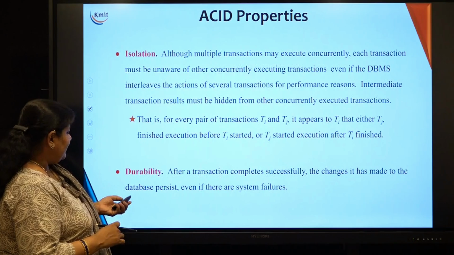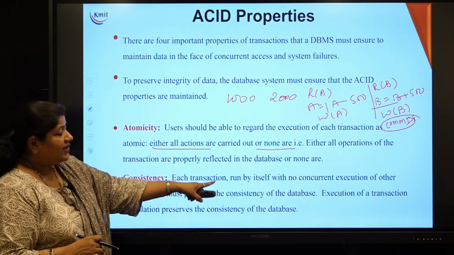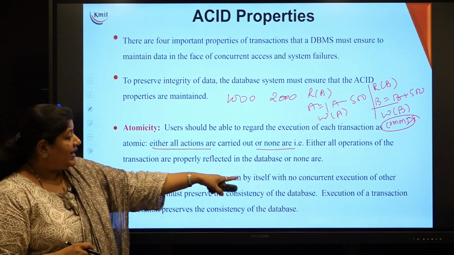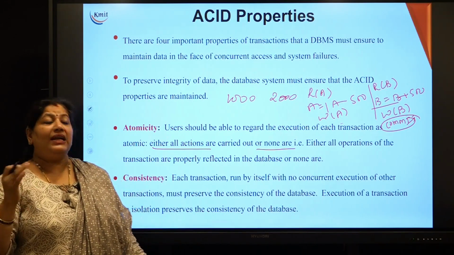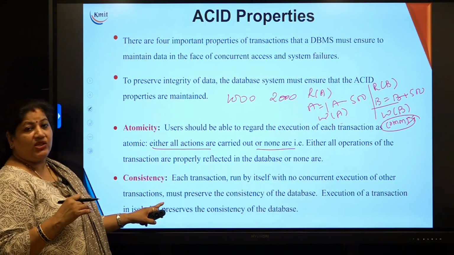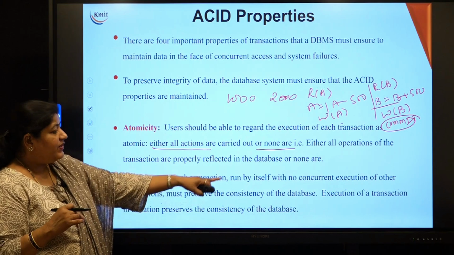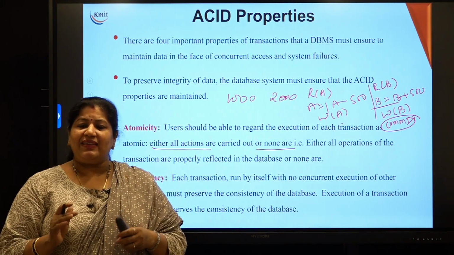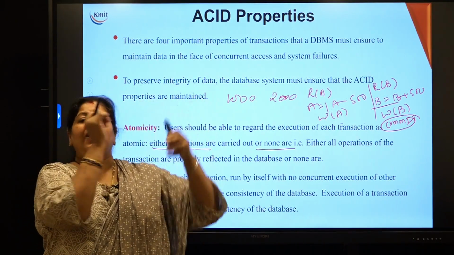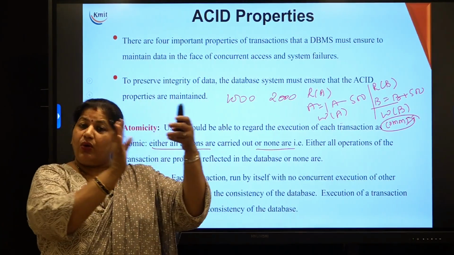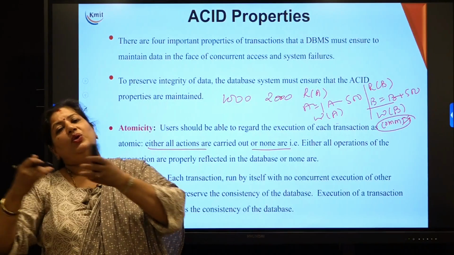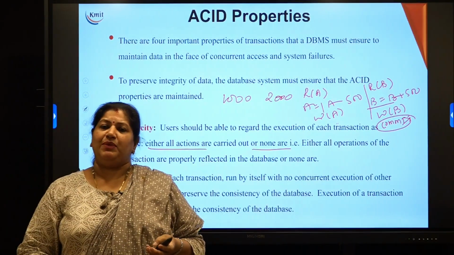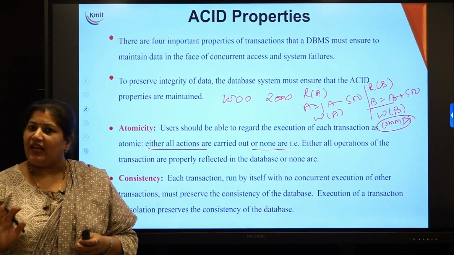The consistency property says each transaction run by itself with no concurrent execution of other transactions must preserve the consistency of the database. As we said, whatever state the database was in before the start of the transaction, you should ensure that it will be in the same state after execution of the transaction.